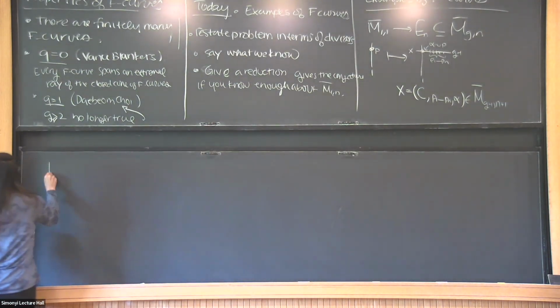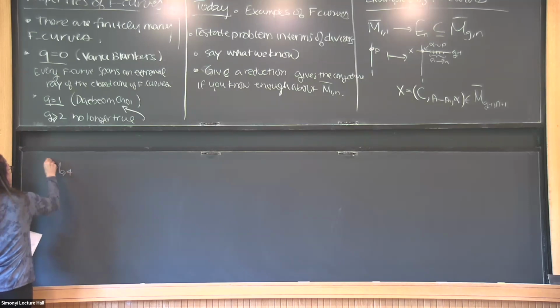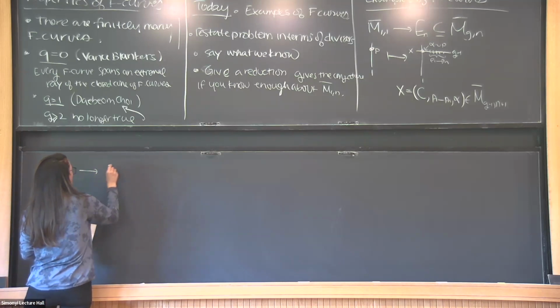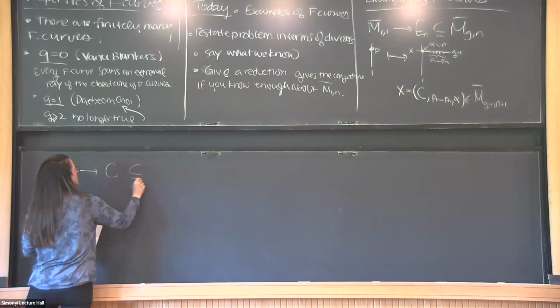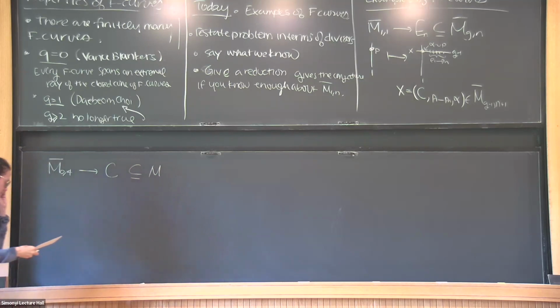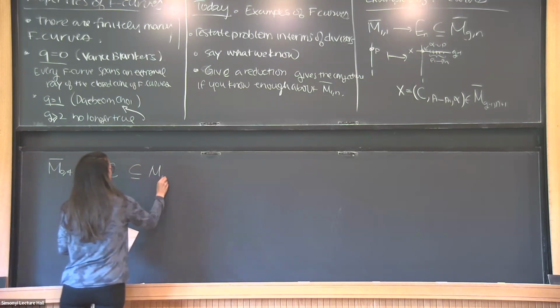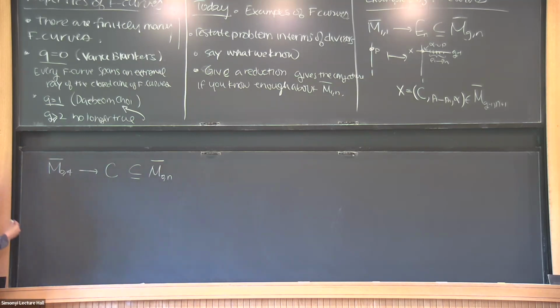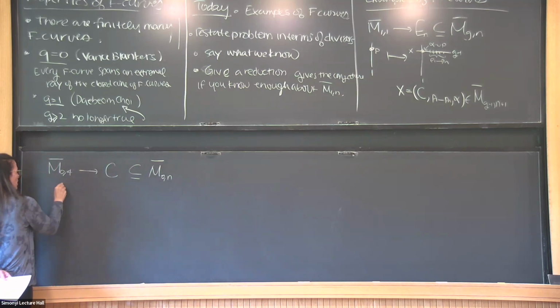You can do a lot more with M_{0,4}. There's tons of things you can do. So we're going to get a bunch of different F curves sitting inside of M_{g,n}. Let's start on M_{0,n}, which is the simplest thing.